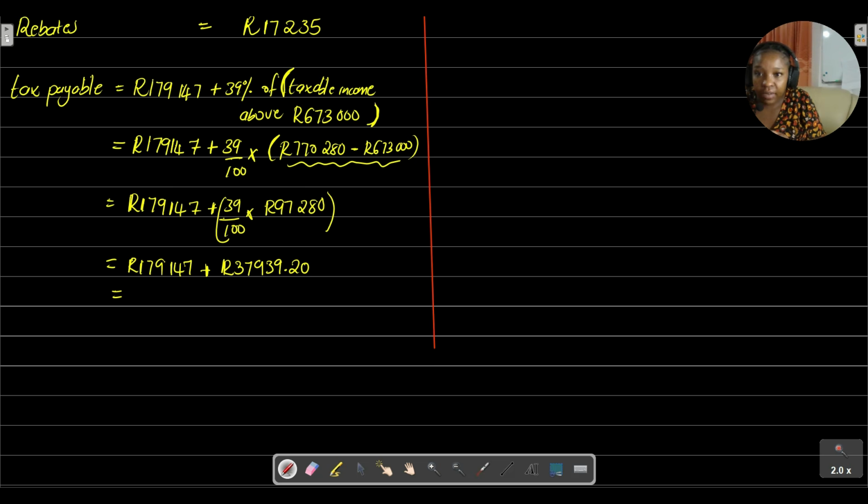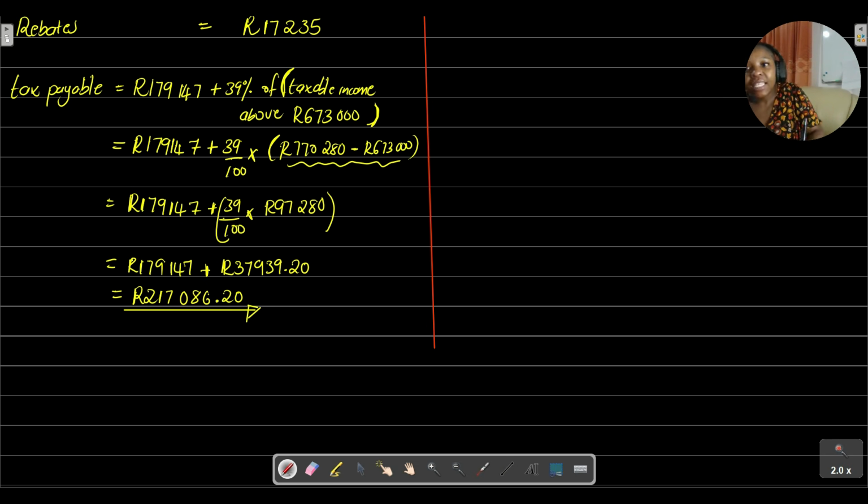Therefore 179,147 plus 37,939.20. It's basically going to be 217,086.20. So that's how much Mr. Parker needs to pay before rebates.